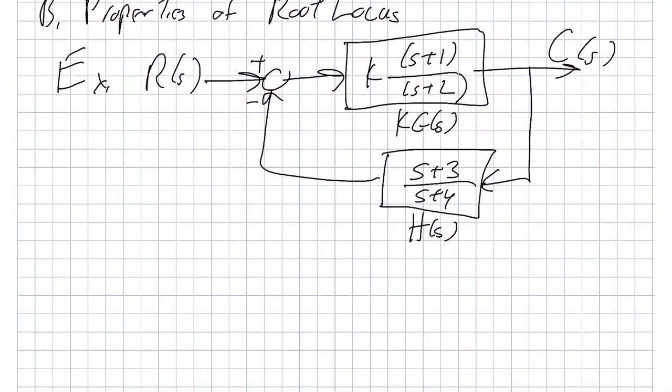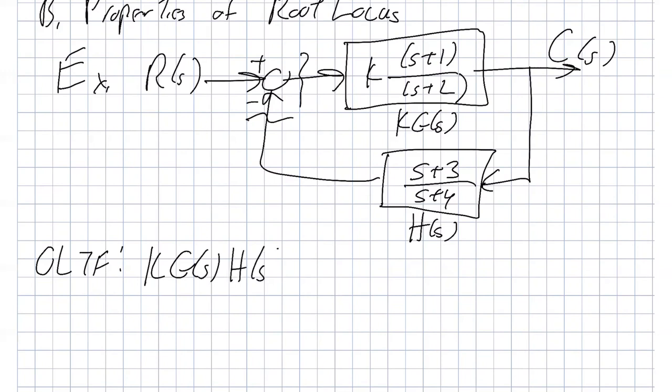Now for our open loop transfer function, we'll basically open the loop so we don't have any feedback. When people talk about the open loop transfer function, typically they look at k G of s times H of s, starting here and following the loop until we get to there.